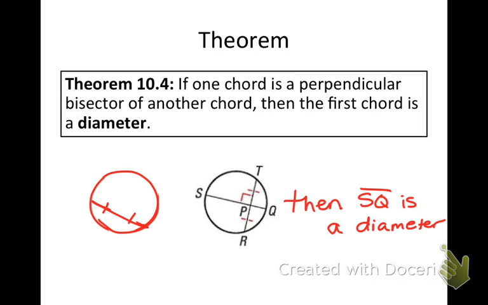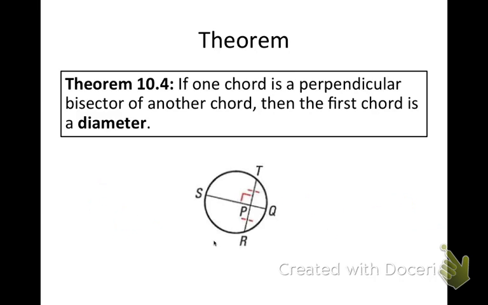If this is bisected by something, then that would force this to not be a right angle. It might still look like a right angle, but then it wouldn't be a diameter anymore. So it needs to have that right angle. Okay, I get it.